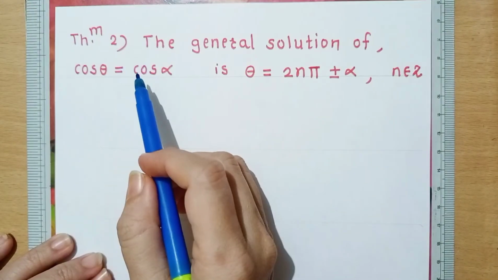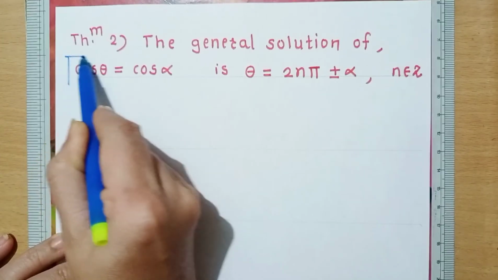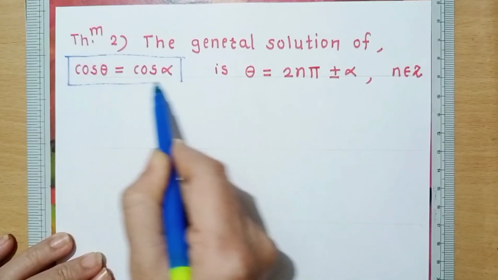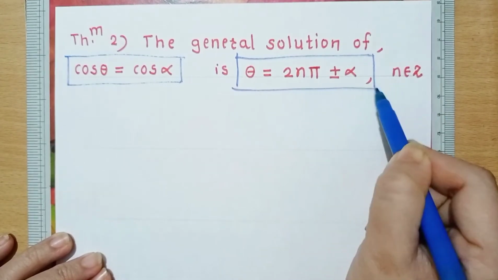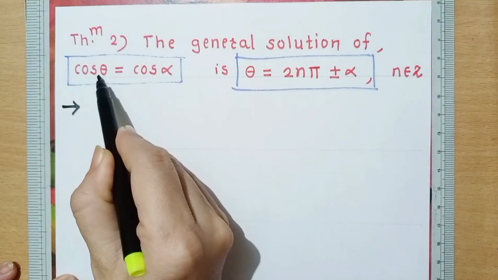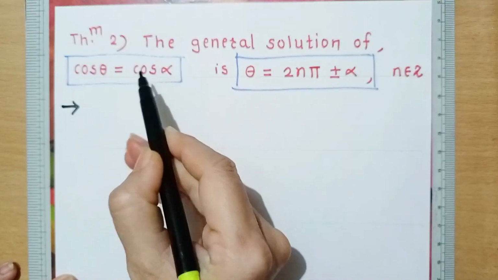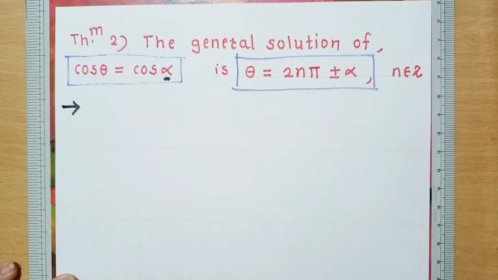This is our second theorem, and here we have to prove that the general solution of cos theta equal to cos alpha is theta is equal to 2n pi plus minus alpha. So again, since cos theta is equal to cos alpha, the first solution is theta is equal to alpha.